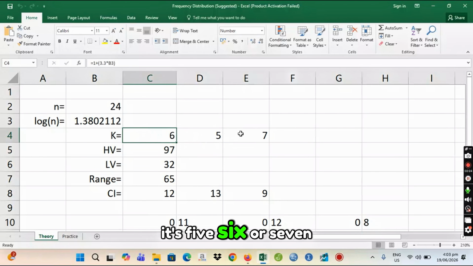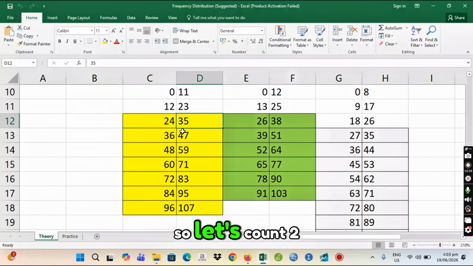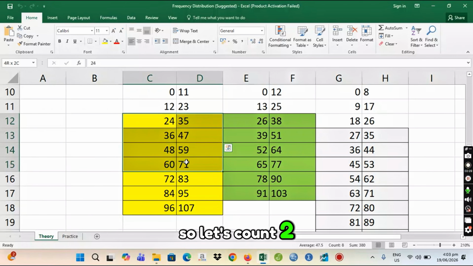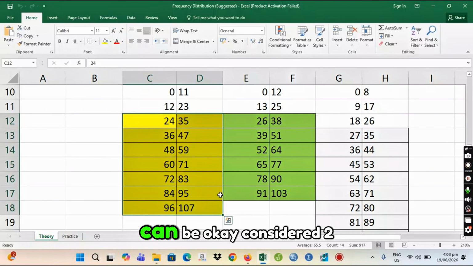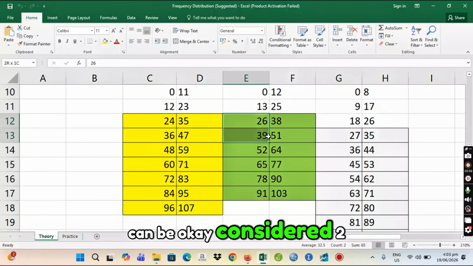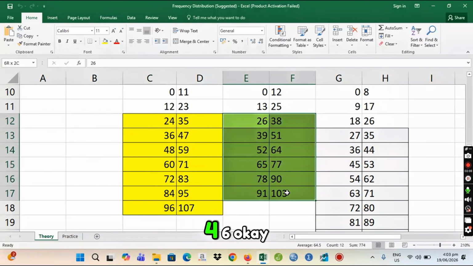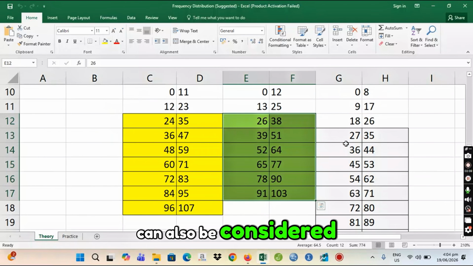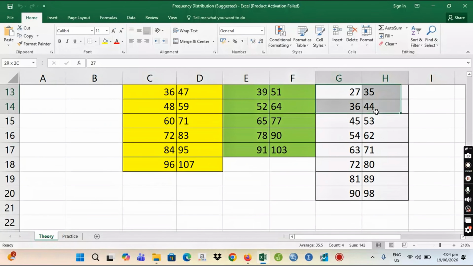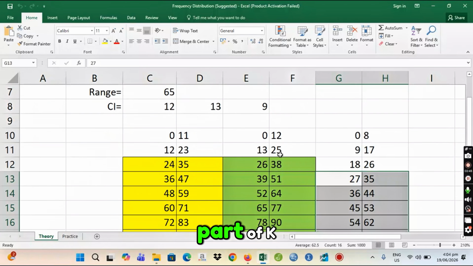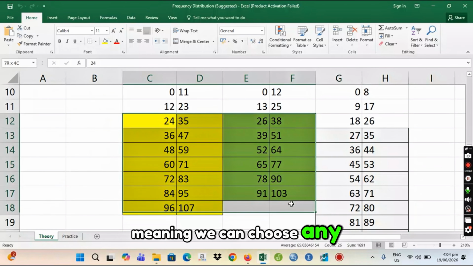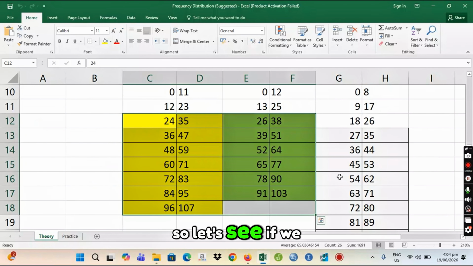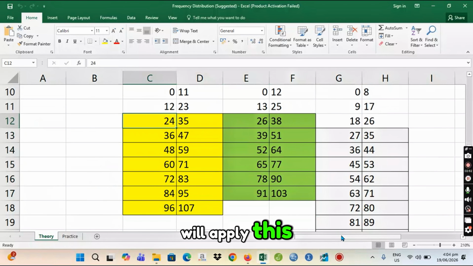We have to consider the K, or the number of classes. It's 5, 6, or 7. So let's count: 2, 4, 6, 7. This can be considered. 2, 4, 6 can also be considered. 2, 4, 6, 8 is not part of K, meaning we can choose any of these two. So let's see if we will apply this.